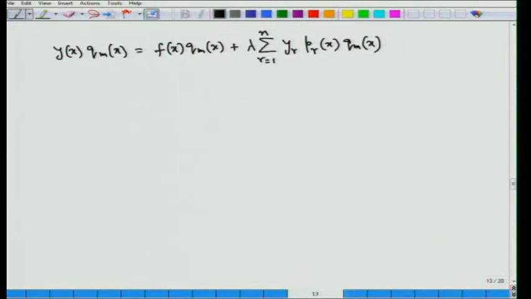This is the result we get by multiplying by q_m, where 1 ≤ m ≤ n, and then integrating over the range a to b.